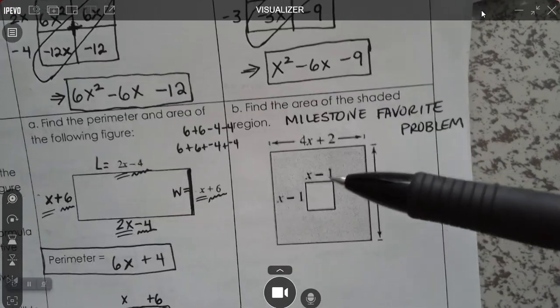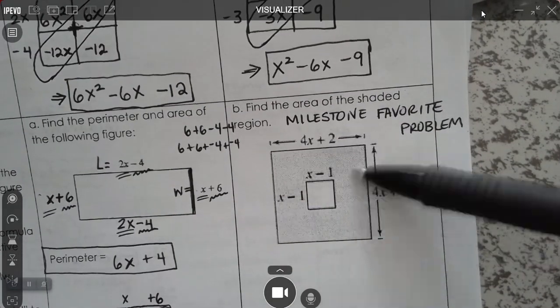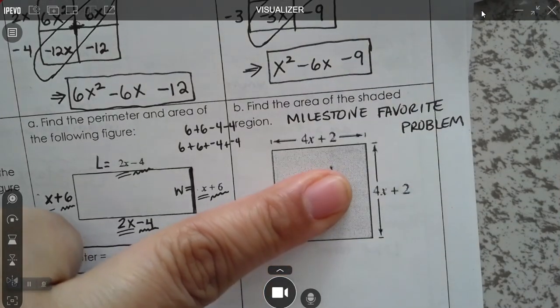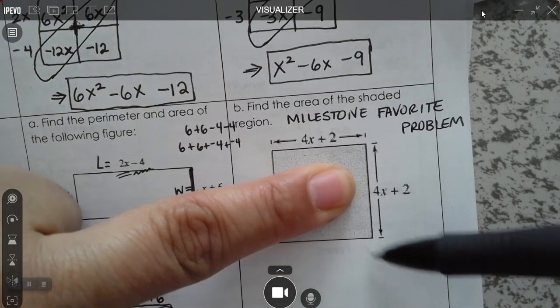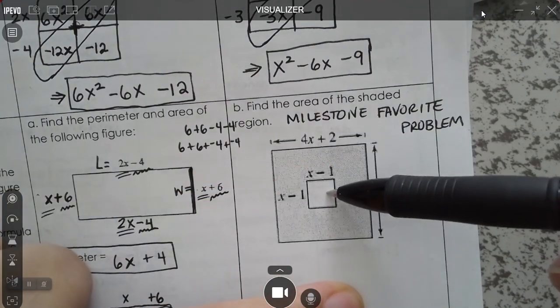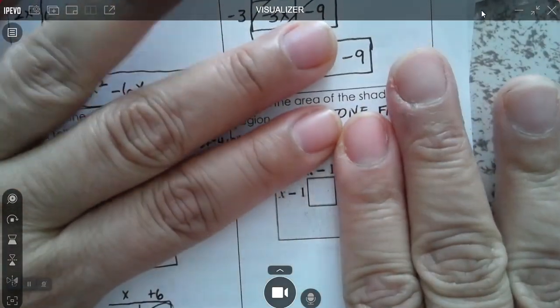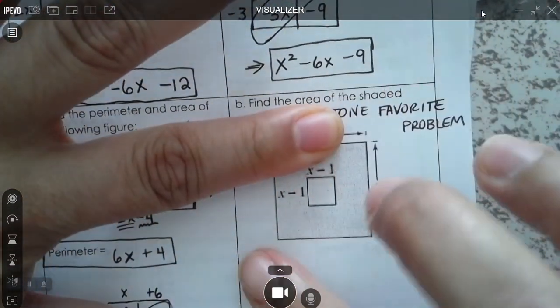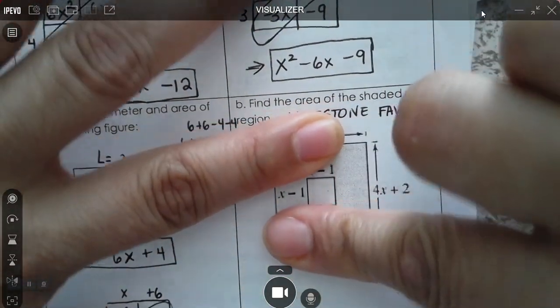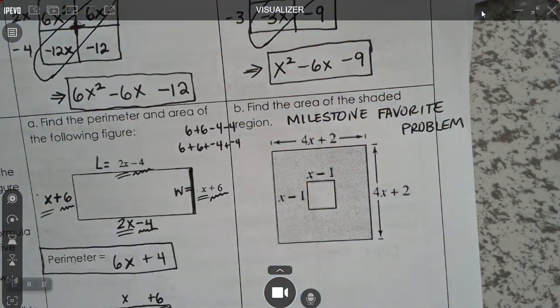We want the area of only the shaded region. If I calculate the area of this giant block, I get the area that I want plus this middle section that I don't want. If I only calculate the area of the middle block of the one inside, then I don't get the shaded area. I only get that white block in the middle that I don't want, okay?